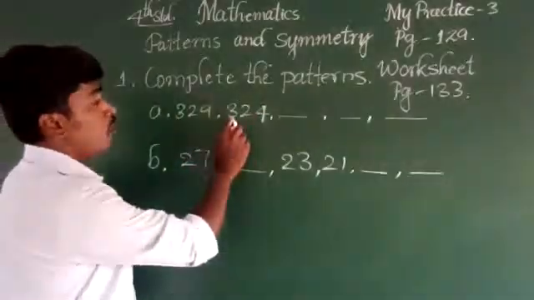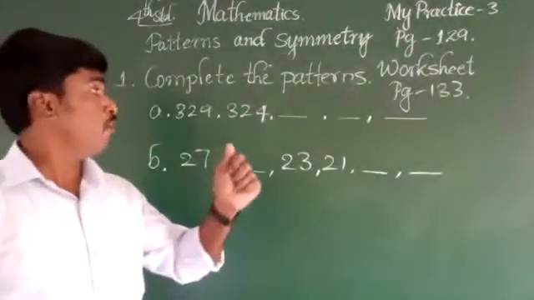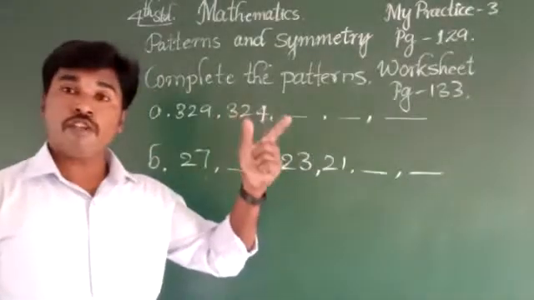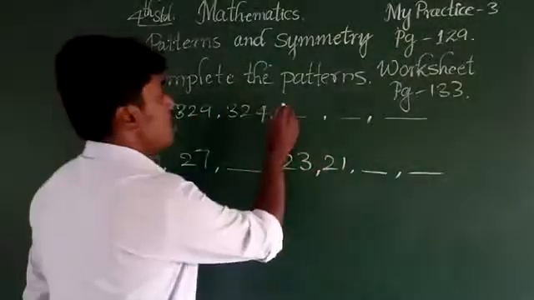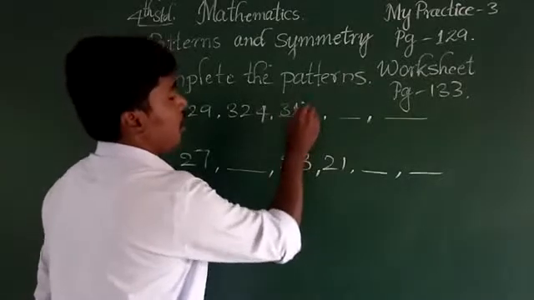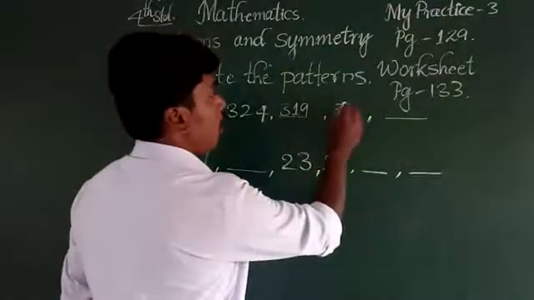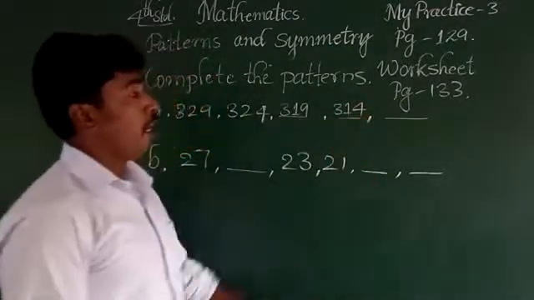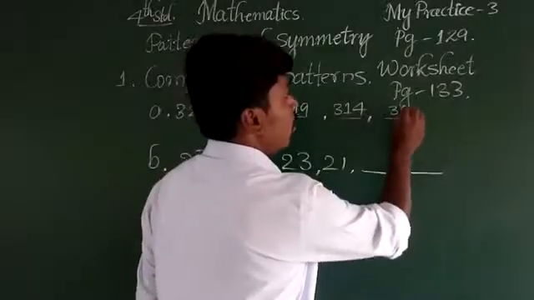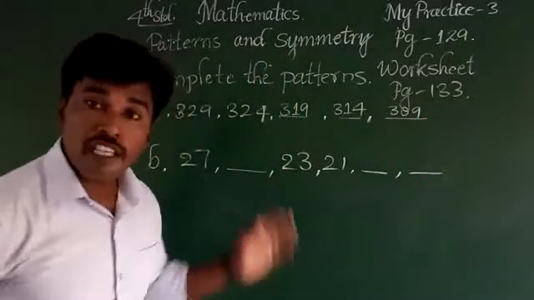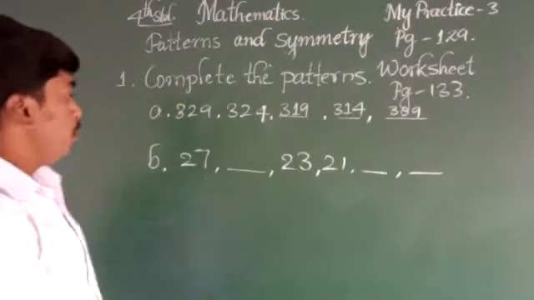That means 324 decreased by 5 gives 319. If you subtract 5 again, you get 314. Then the next number is 309. In this way the numbers proceed.